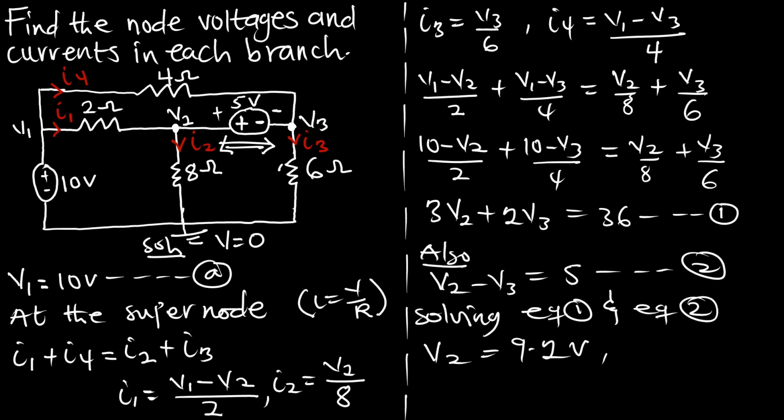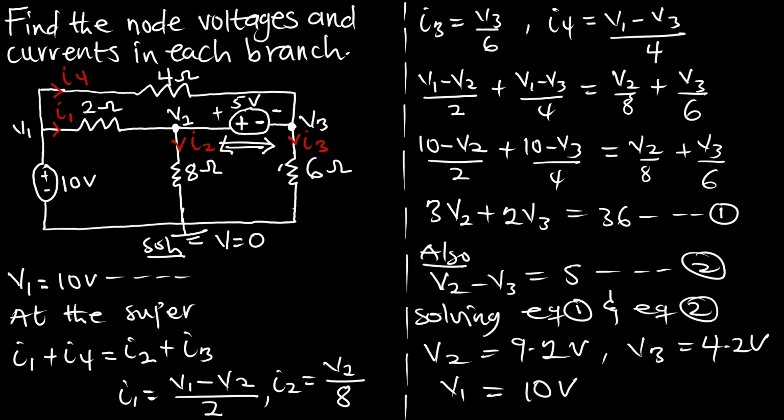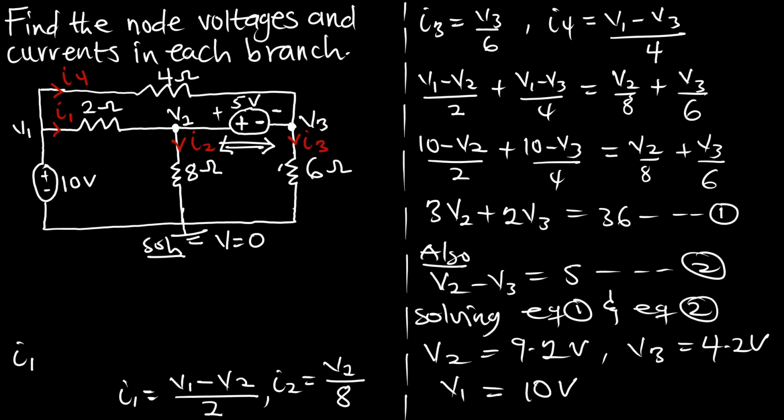The rest is mathematics, and V3 is going to be 4.2 volts, whereas we already have V1 from the circuit as 10 volts. Do you see that? So once we have this, we can also talk about the currents, because the currents are already expressed in terms of voltages, and now we have each of the voltages. We can put in the values, and straight away calculate the value of each of the currents.